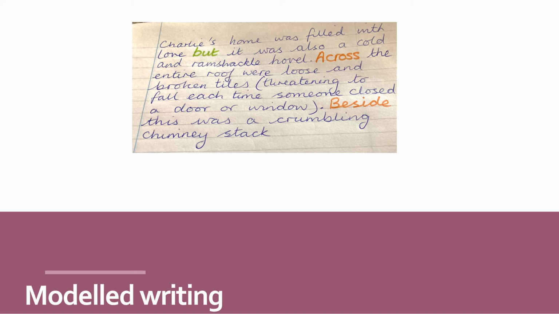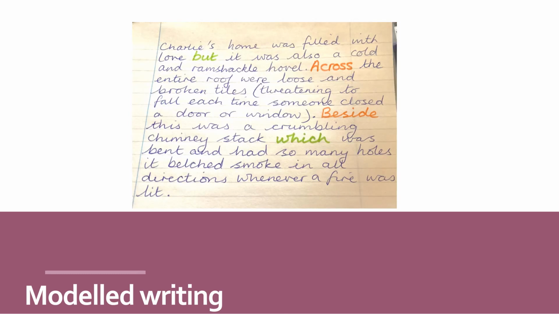Okay, so after that, again, I've chosen a preposition to allow the reader to connect their mind from one place. So I've gone from across the entire roof to now beside the roof. So beside this was a crumbling chimney stack. So this picture of squalid neglect is really starting to come together. And now I'm going to use a conjunction to help build upon that.